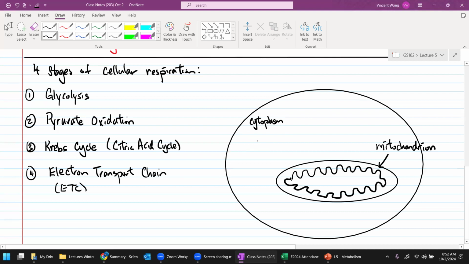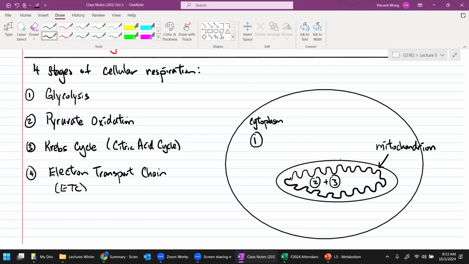So the first stage, which is glycolysis, happens in the cytoplasm. Stage 1 happens in the cytoplasm. Stage 2 and 3 happen on the inside of the mitochondria.